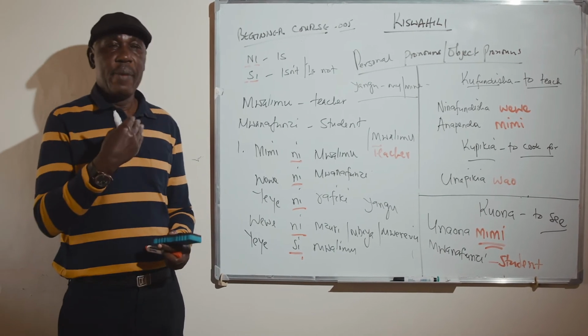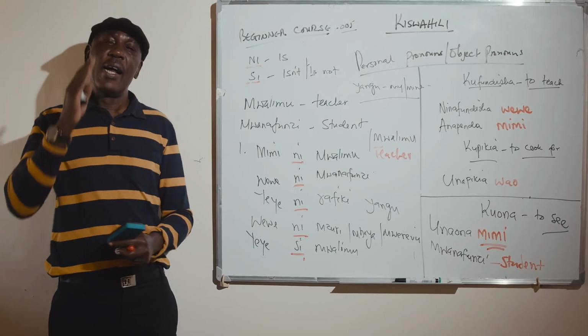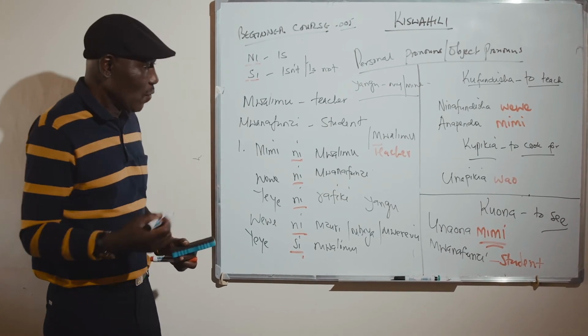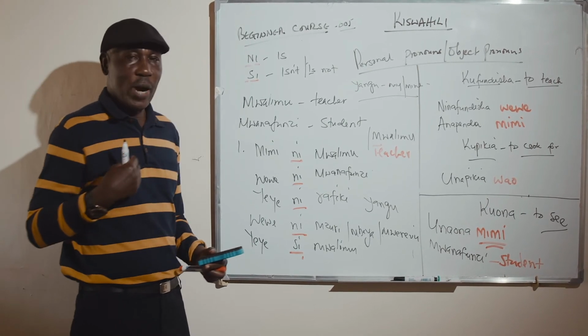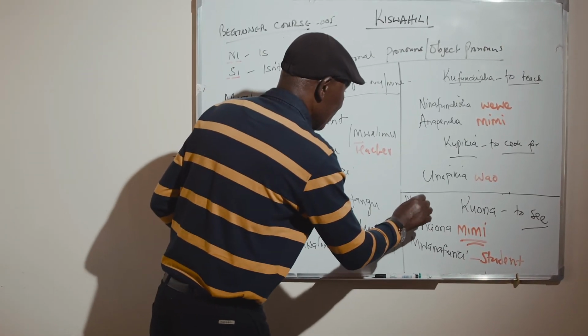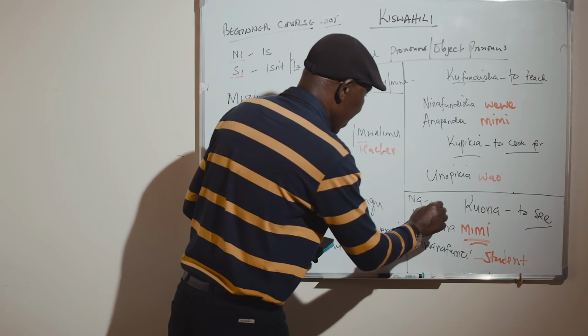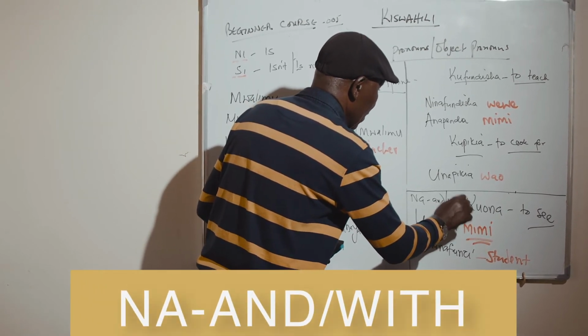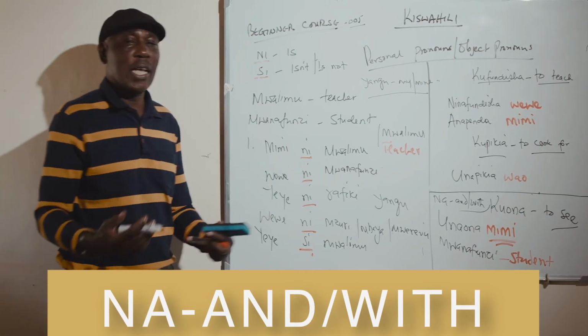So it's like mimi ni mwalimu na wewe ni mwanafunzi. Again, I've used na. Mimi ni mwalimu na wewe ni mwanafunzi. Na, we use na to mean and, or with when it stands by itself, when it's alone.